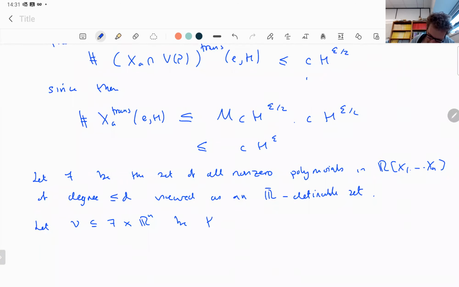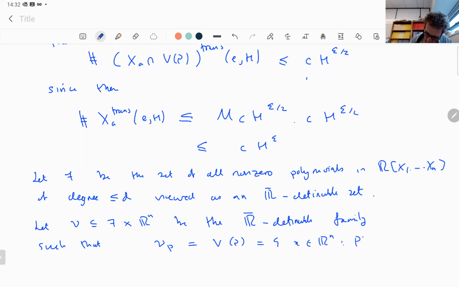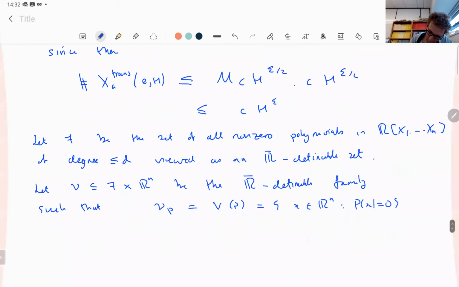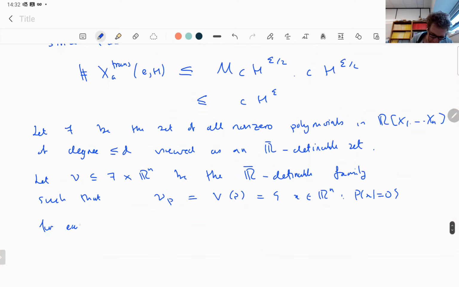So be the, again, R-bar definable family whose fiber over P is just the hypersurface that's cut out by P, the 0 set of P. So such that V_P is equal to V of P, the 0 set of P, for each P in F.